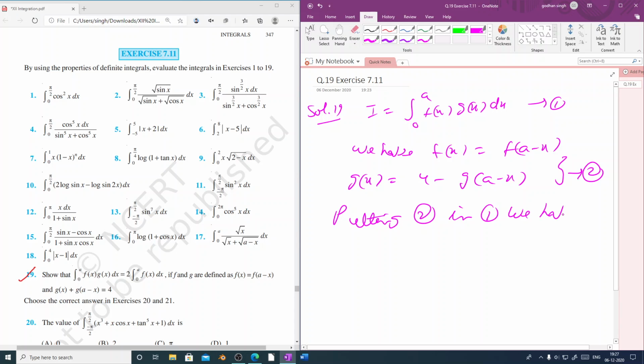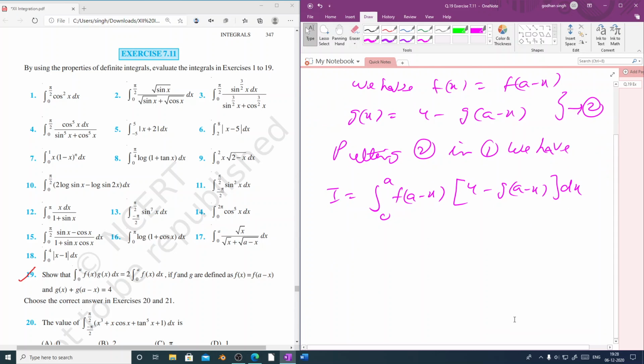So putting 2 in 1, we have I equal to integrating from 0 to a. In place of f(x) we'll be writing f(a minus x), and in place of g(x) we'll write 4 minus g(a minus x), and this is dx.